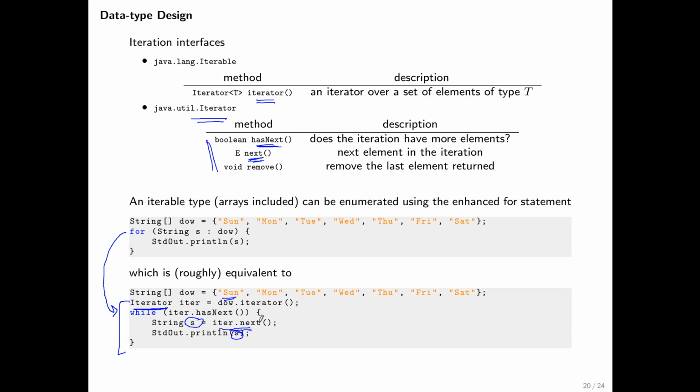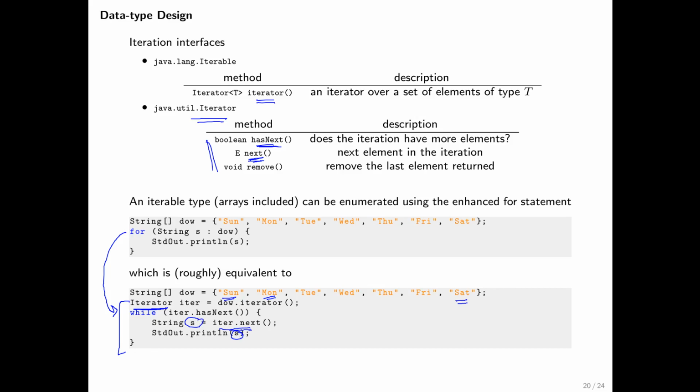So I say iter.next, I get Monday, which gets assigned to S and printed out, and so on. And in the last iteration, iter.hasNext is still true, and I get the next element, which is Saturday, and I assign that to S and print it out. And then iter.hasNext is going to return false because I've exhausted the iterable. Okay, and that's when you're outside of the while loop.